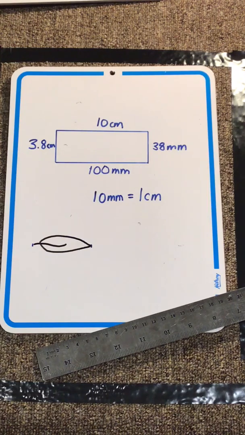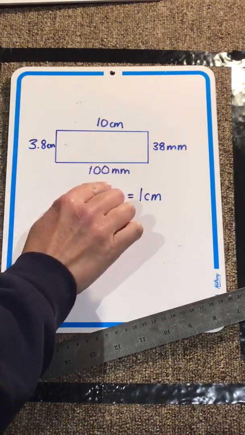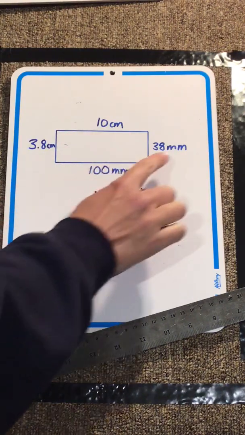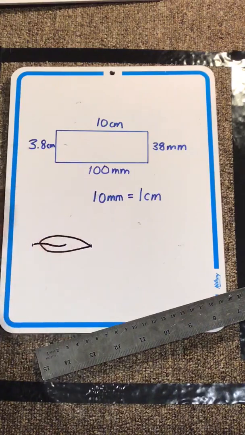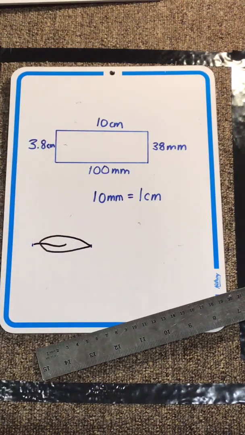Alrighty. So when you're moving from centimeters to millimeters, we're going to multiply by 10, right? Because there are 10 millimeters in a centimeter.